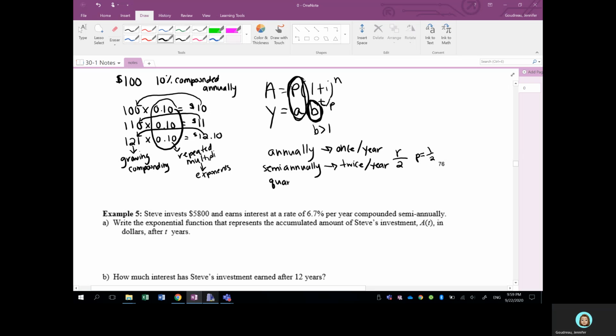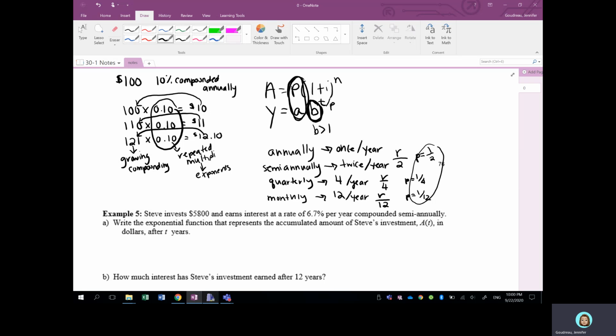Sometimes interest is compounded quarterly, which is 4 times per year. That means your interest rate is going to get divided by 4, and your P value is 1/4. We may see compounded monthly, which is 12 times per year, which means that interest rate is going to get divided by 12. Your P value is 1/12. So having this fractional P value is going to change the look of our exponent a little bit.